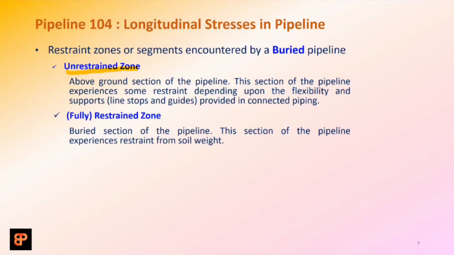This means the pipeline is in complete equilibrium, completely stable, so there will not be any displacement in this region. When we do stress analysis using CAESAR software, we see that one particular virtual anchor point can be observed, from which point onwards the displacement becomes zero. That means the fully restrained zone is attained by the pipeline.